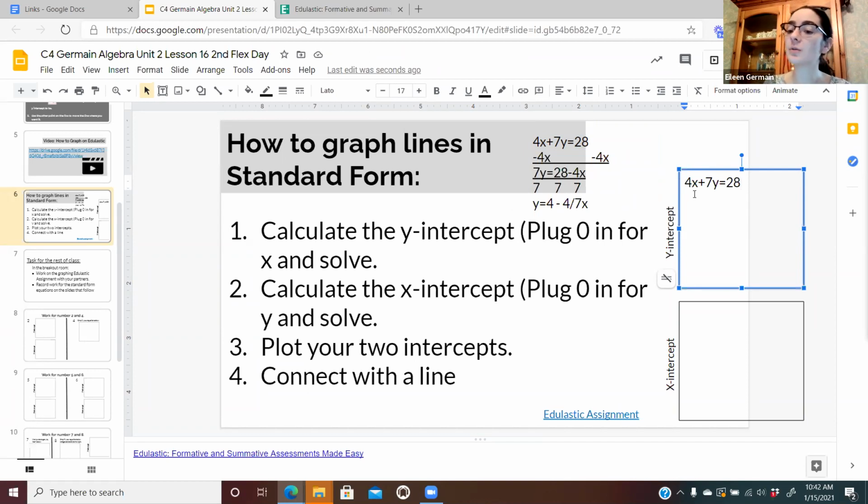Intercepts are counterintuitive. Y-intercept, you plug 0 in for x. 4 times 0 plus 7y is equal to 28. 7y is equal to 28. Divide by 7 on each side. You would get a y of how much?